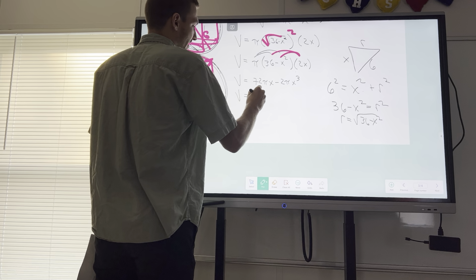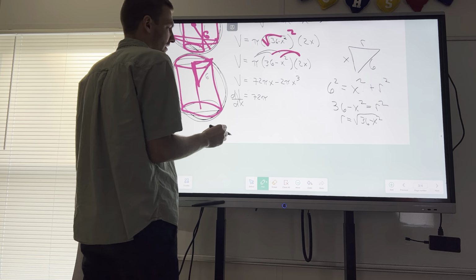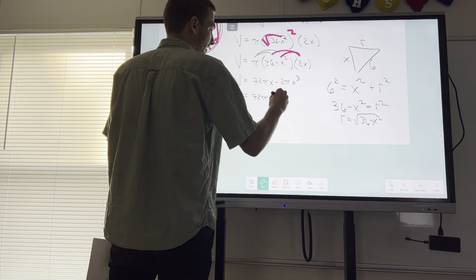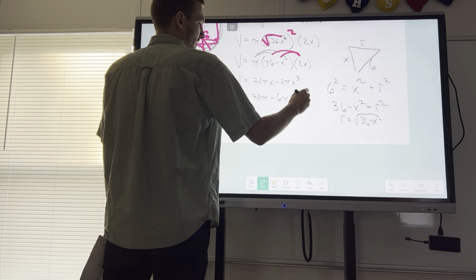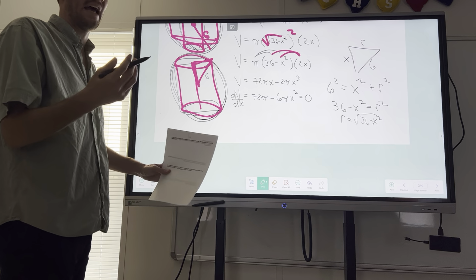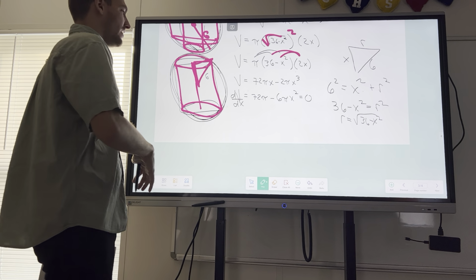The derivative, dV/dx, is equal to 72 pi minus 6 pi x squared, which is equal to 0. I only have one x term here, so this should be easy. Just move stuff around.